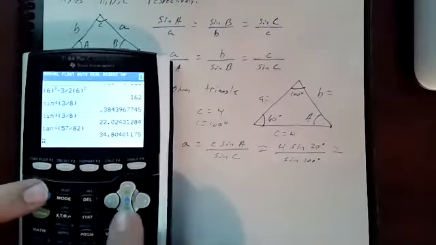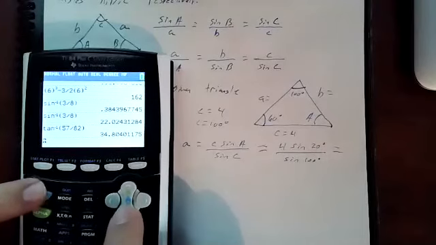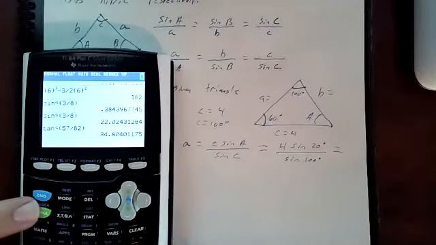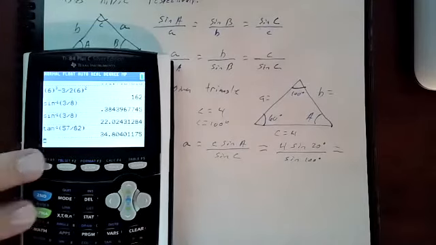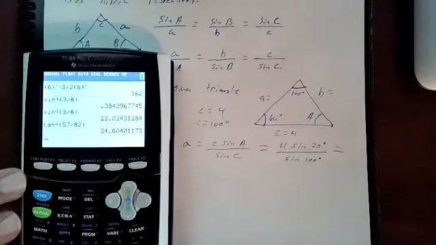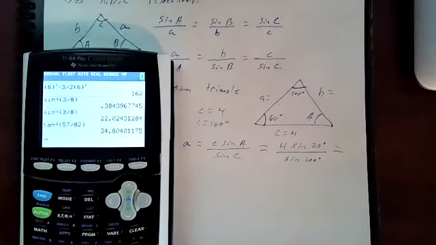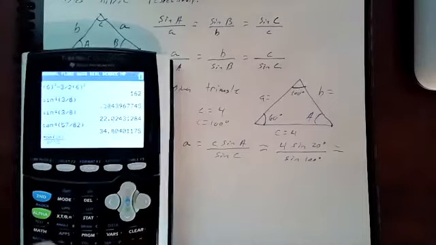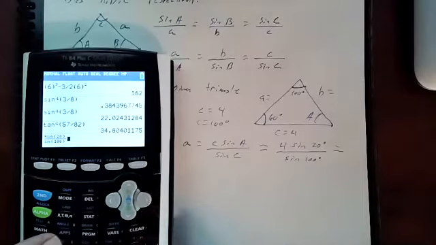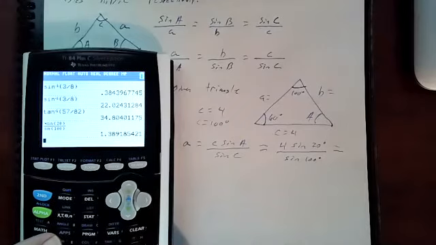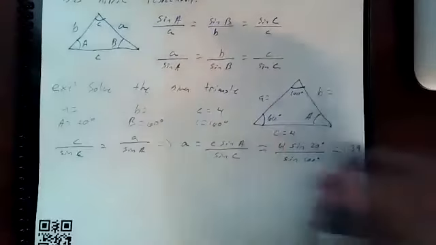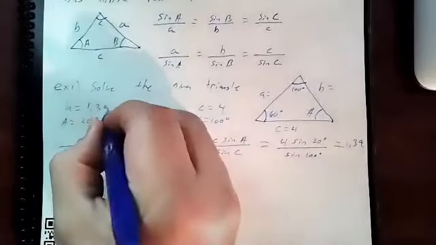You can hit alpha y equals to create a fraction. So you can hit 4 sine 20 over sine 100. That will be little a, 1.38. So let's round to 2 decimal places: 1.39.